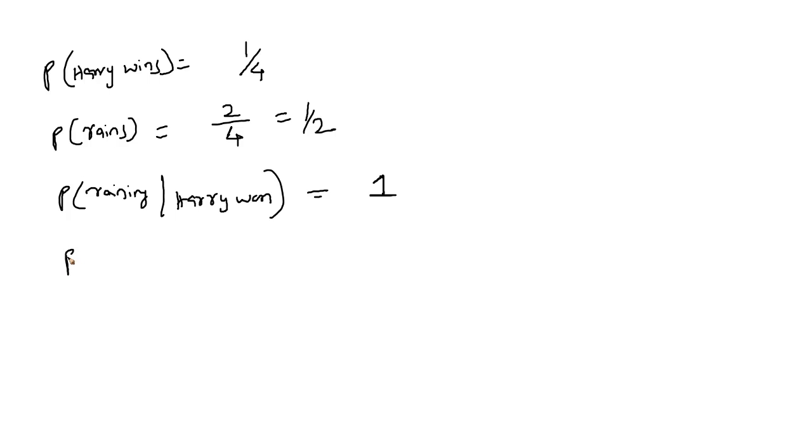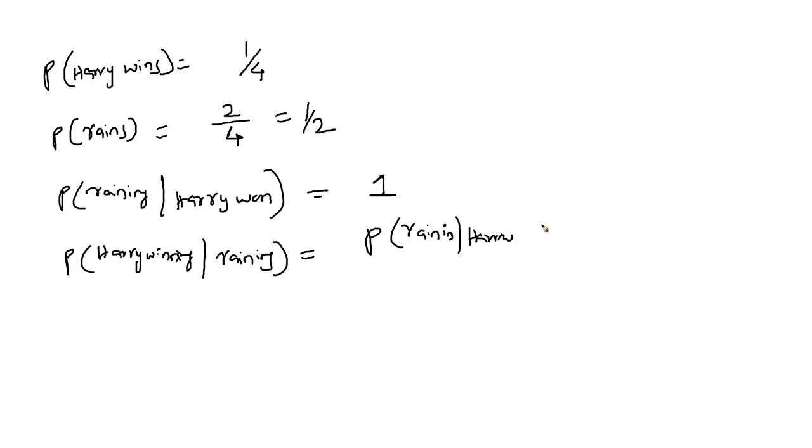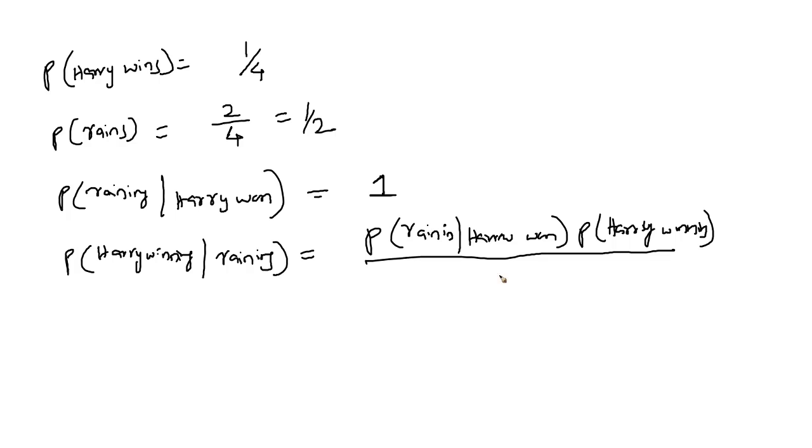So the question is, what is the probability of Harry winning given it's raining? Simply, this is the probability of raining given Harry won, times the probability of Harry winning, divided by the probability of rain.